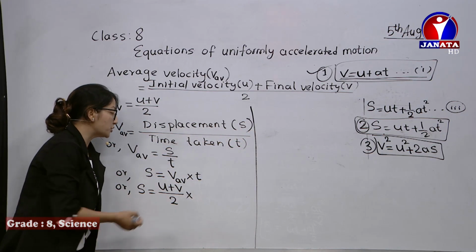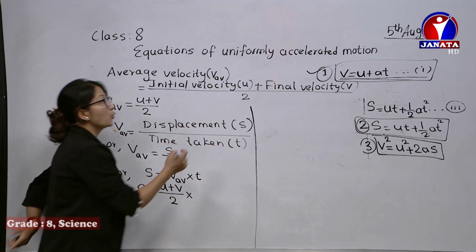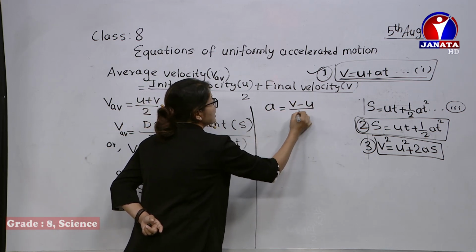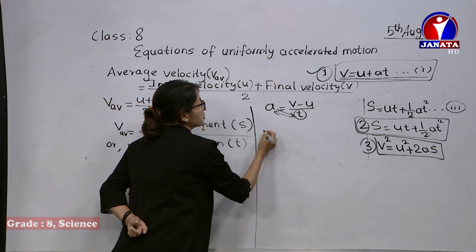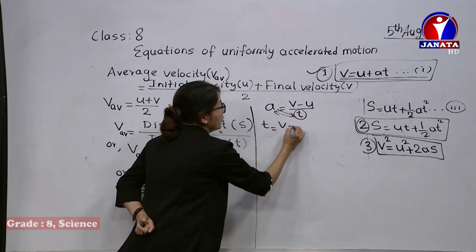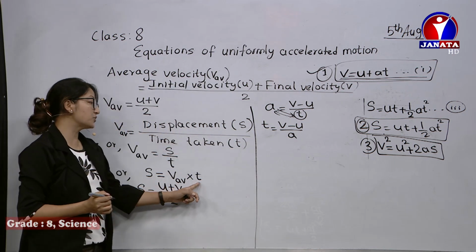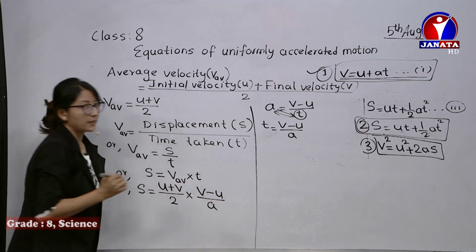So for that, what do we do is t's value. How can we get t's value then? We know that acceleration is (v minus u) over t. If we want to get t's value from here, we can simply cross change: t equals (v minus u) by a. So here t's value we keep as (v minus u) by a.